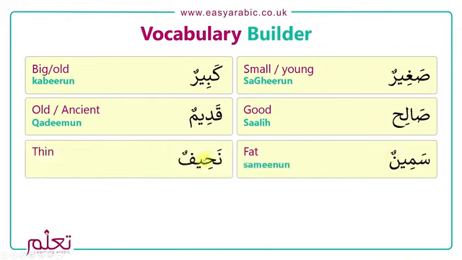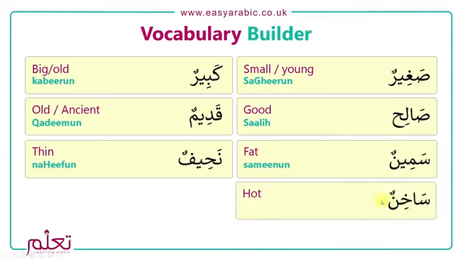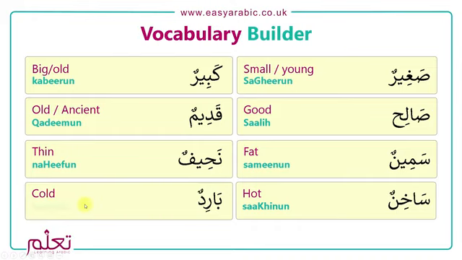Then nahifun, which is thin. Then sakhinun, which is hot. And baridun, which is cold.